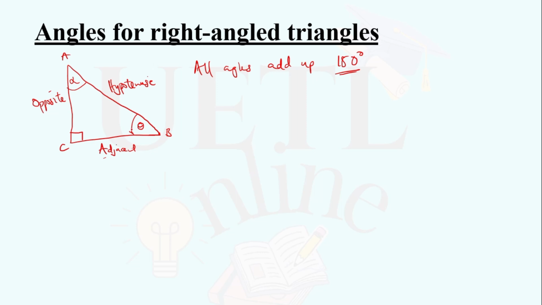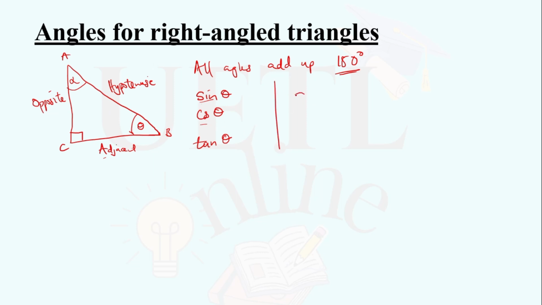Now from this, there is a ratio we call sine theta, the sine of this angle. There is a ratio we call cos theta. If you look at your calculator, you can see sine and cos. And there's the other one which you call tan theta. These are the ratios of this triangle. It's just a ratio of this side to this side.